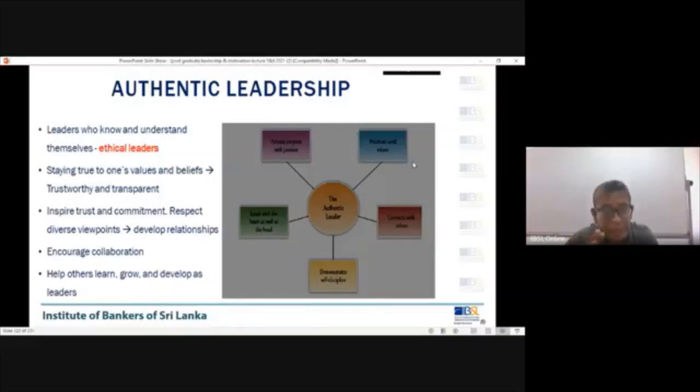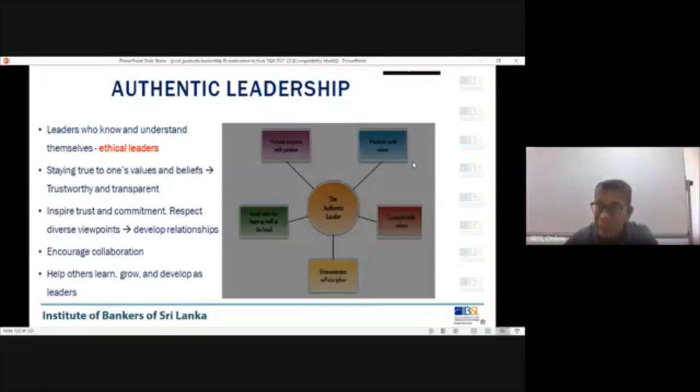So you are to be an ethical leader, and also remember you need to have some sort of trust and commitment about this organization. That is why we have what we call the value statement. Today organizations develop, apart from the vision and mission, another statement called the value statement.